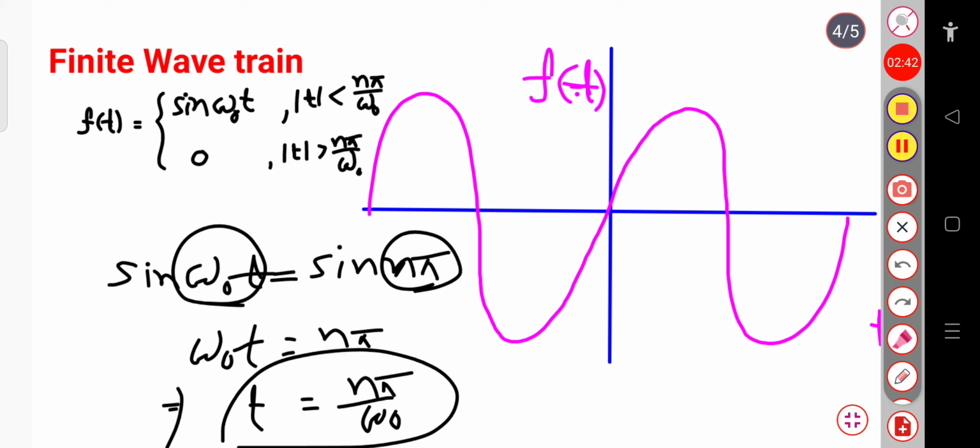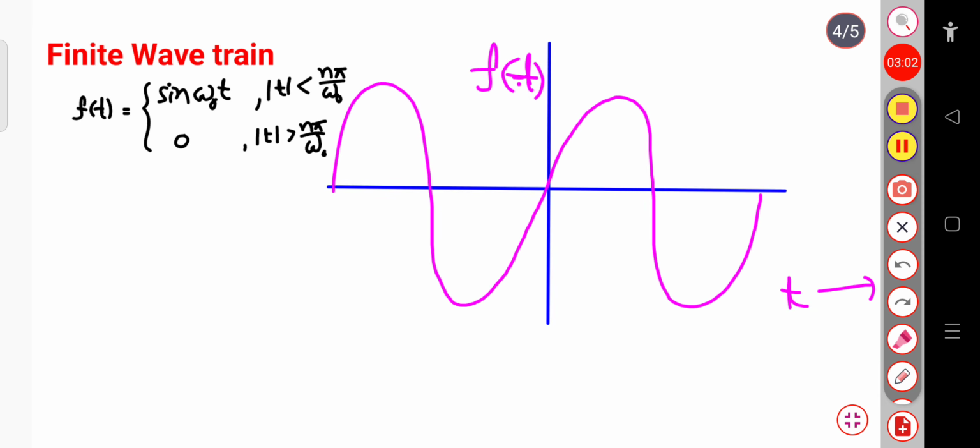Here I am considering that when mod t is less than n pi by omega naught, its value is sine omega naught t, and when the modulus of t is greater than n pi by omega naught, then the function value is 0. This is basically what the graph represents, because sine 0 is 0 and sine pi is also 0.